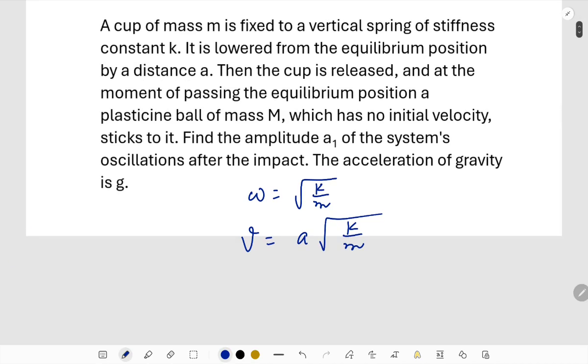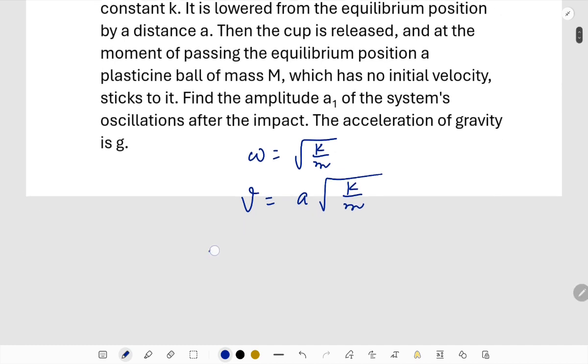And what about its velocity just after the collision? That can be determined from the law of conservation of linear momentum during the collision.